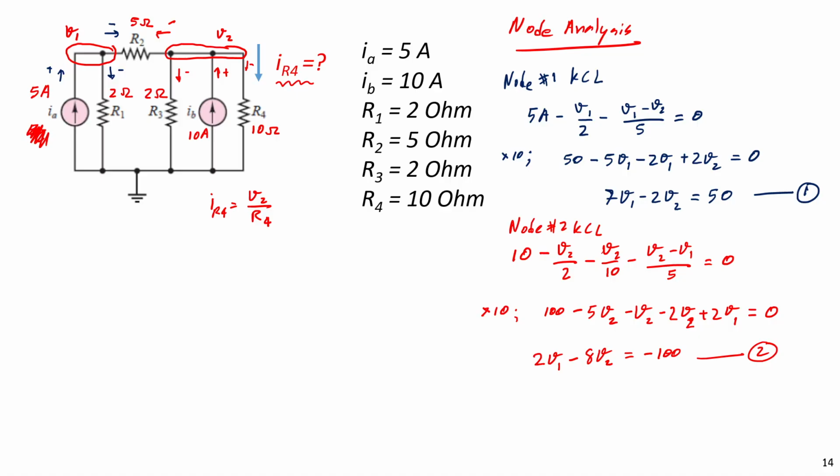If we solve for V2, then we can get the current here. How much is V2? In fact, this equation is V1 minus 4V2 equal to minus 50, equation 2.